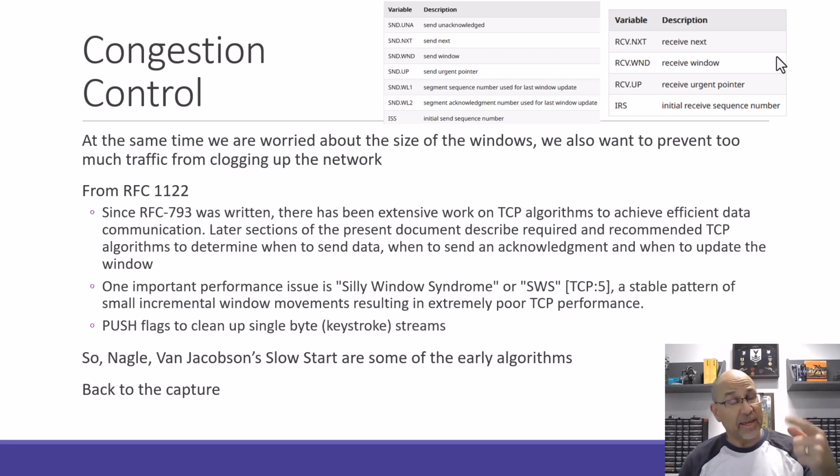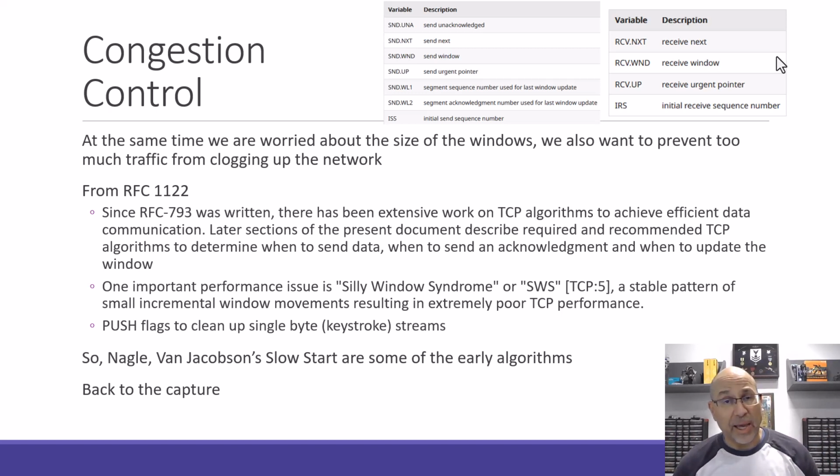So we've got the SYN flag, the ACK flag, fin flags, reset flags. Push is one of those that we use to say process this data now. So in keystroke applications, we use the push flag to process things right away. And we're also trying to avoid silly window syndrome by closing down and opening up and closing down and opening up.